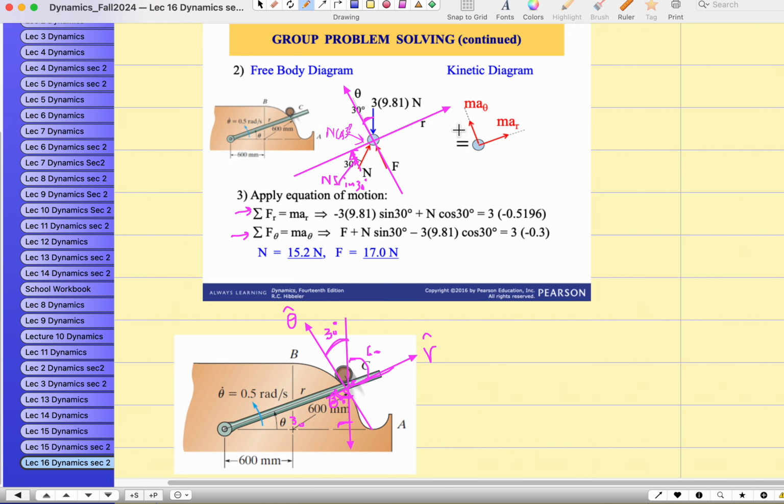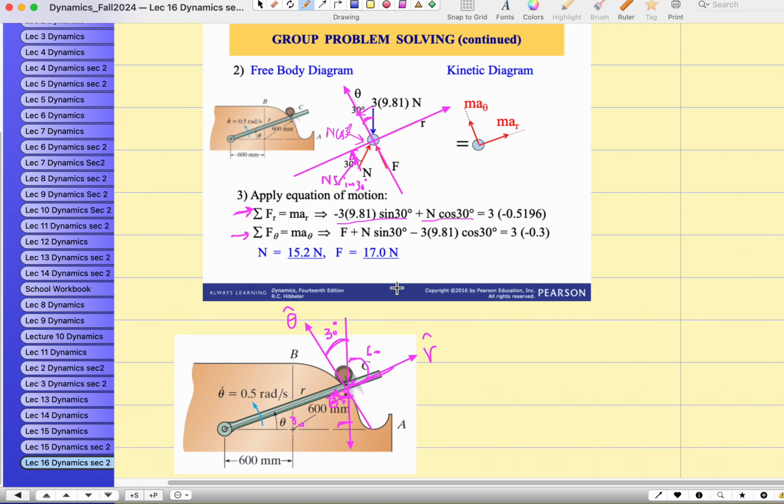N cosine 30 is along the radial. So N cosine 30 is the force component of the normal force along the radial. And W, this is W, and this is negative W sine 30. You see my point? This is along the radial, but in the opposite direction. The negative sign is due to the left-hand side direction.